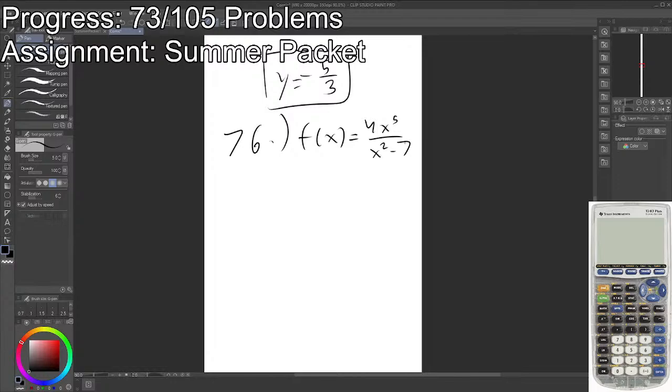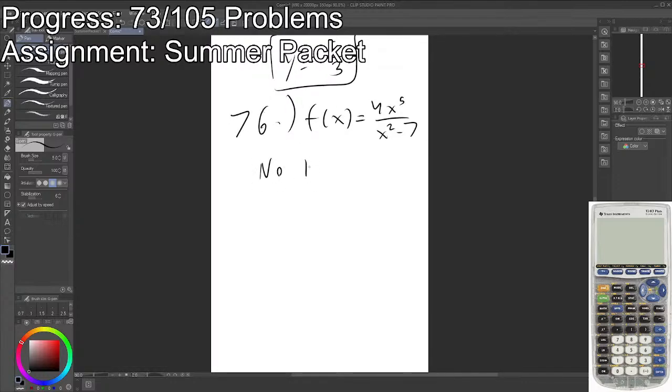Oh, numerator's bigger. It's not one bigger though, so no slant. No asymptote. Easy, dude.